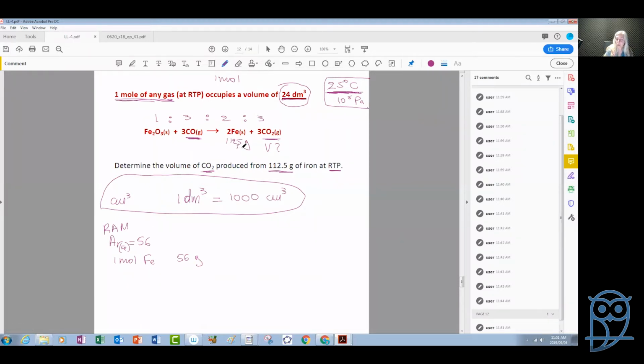Now, the 112.5 grams that we have in our case, how many moles is that? Ratio, solving for x. This will be 112.5 divided by 56 times 1 mole. So this answer will be in moles, and it is about 2. We can take it as 2 to make it round.